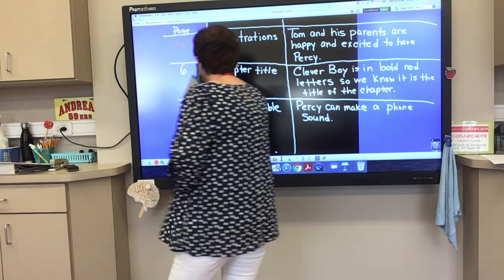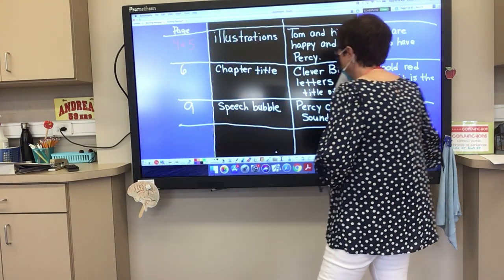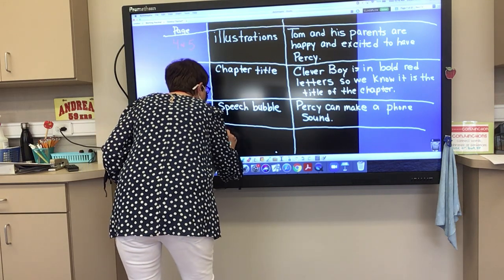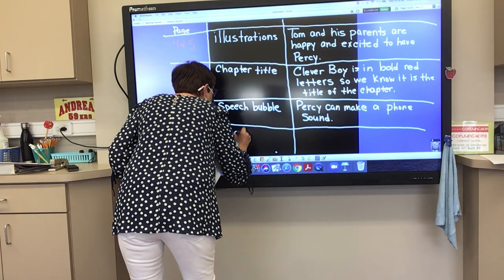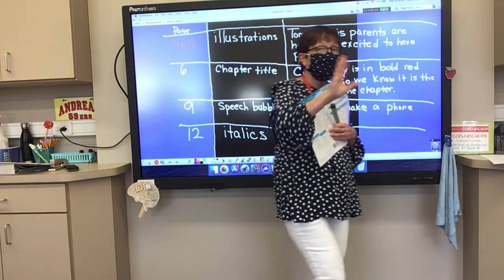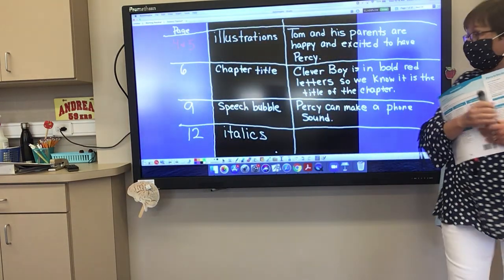Okay, I'm going to tell you. So on page 12, we have italics. Remember, it's when the text is slanted. So that is beep beep.